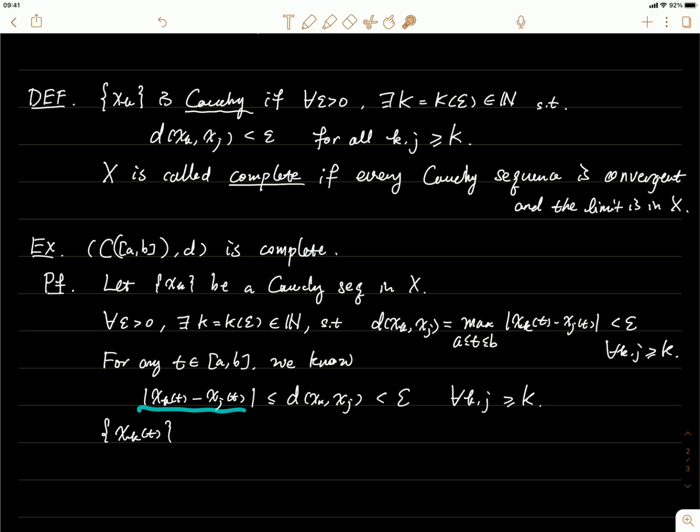And this tells us that this sequence of real numbers is Cauchy, because for any epsilon, there exists some K such that this is less than epsilon for all k, j beyond it.